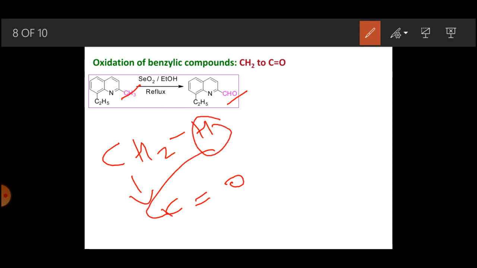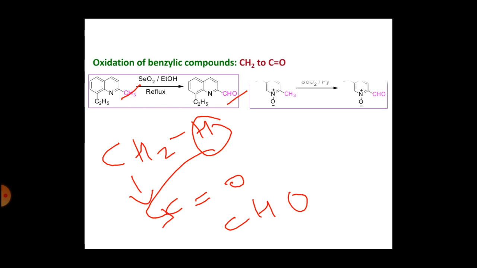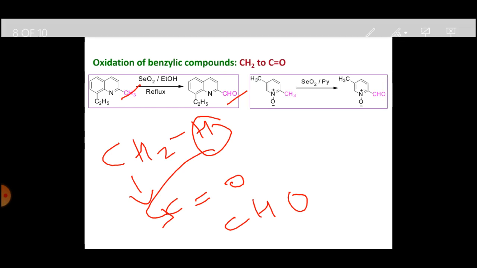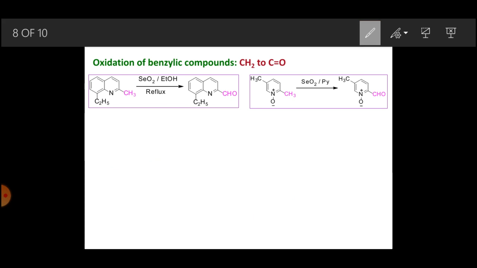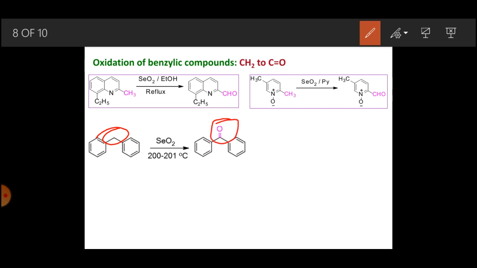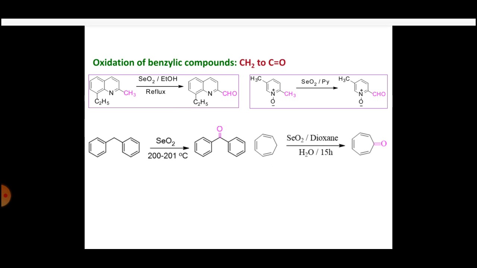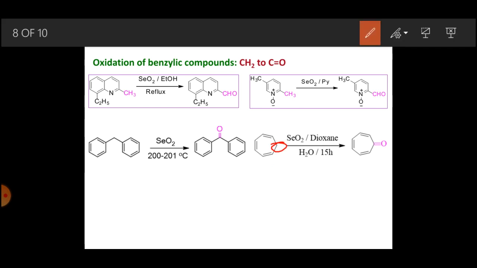So this is CHO. Right. Similarly, in this case also, this methyl group is getting converted to the carbonyl. In the next one, this benzylic position is getting converted to the carbonyl, CH2 is getting converted to CO. In another one, here also this CH2 is getting converted to CO. No problem.